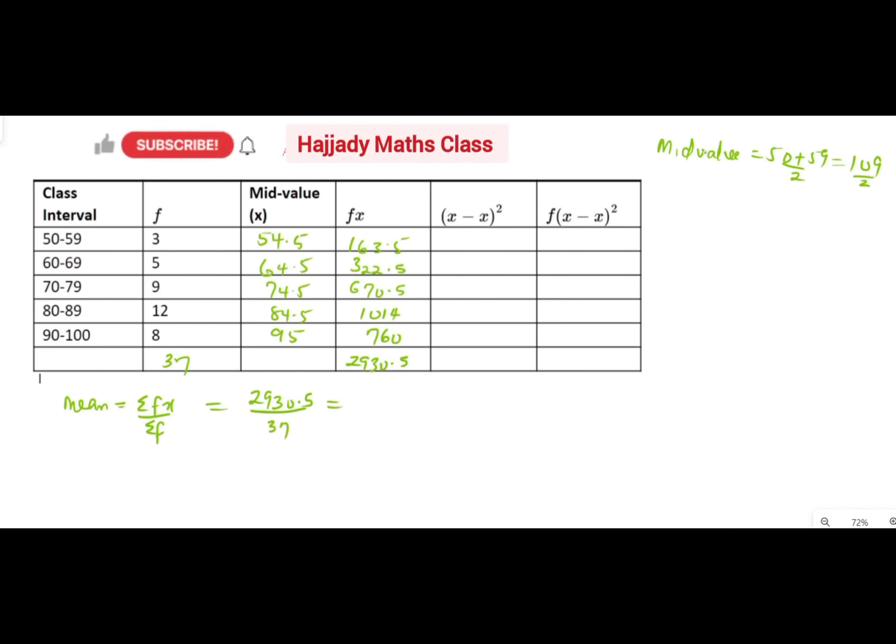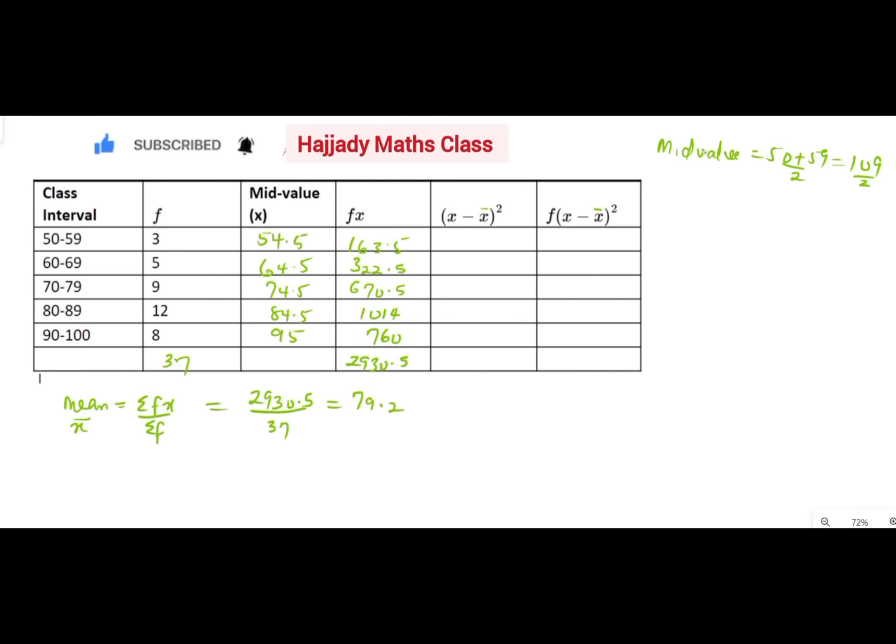And from this, my mean is going to be 79.2. So looking at my formula here, there's a need for me to put x bar. So don't forget that the mean is the same thing as saying x bar. That is from our previous video. I've explained the notation used for mean.